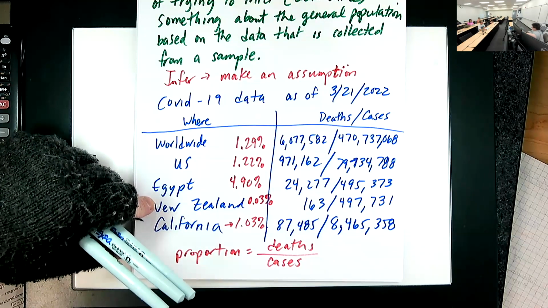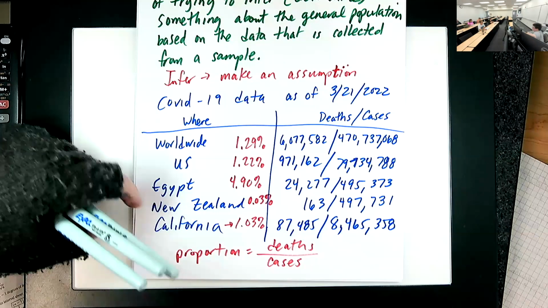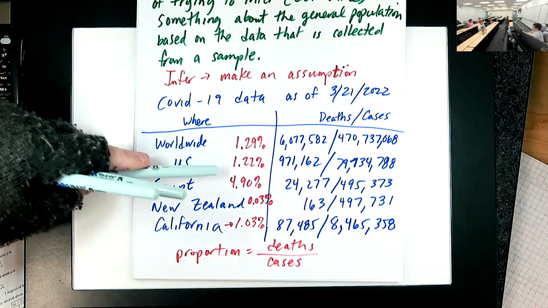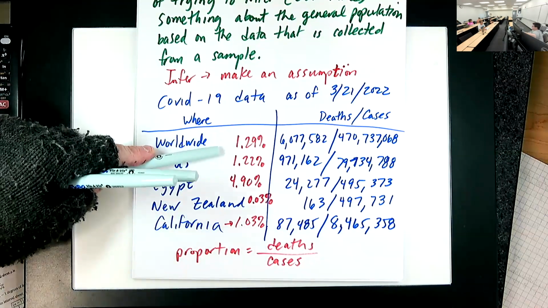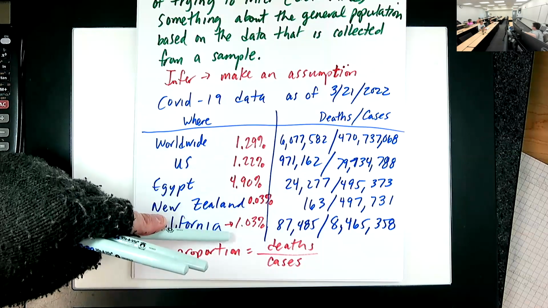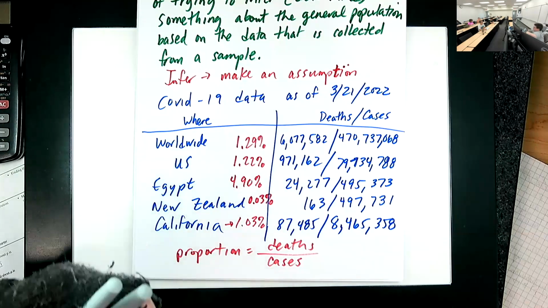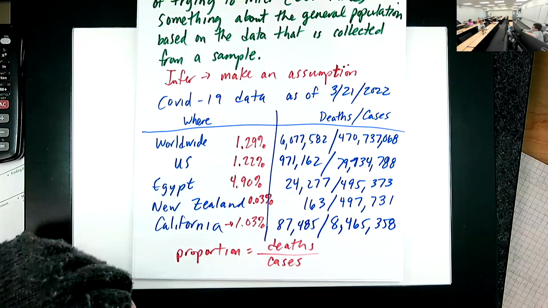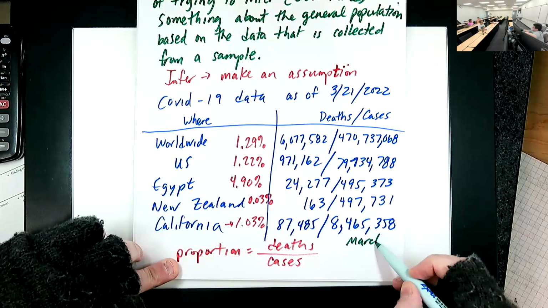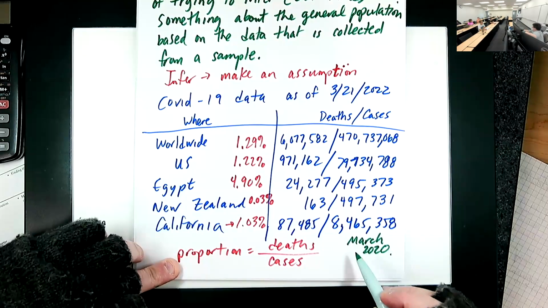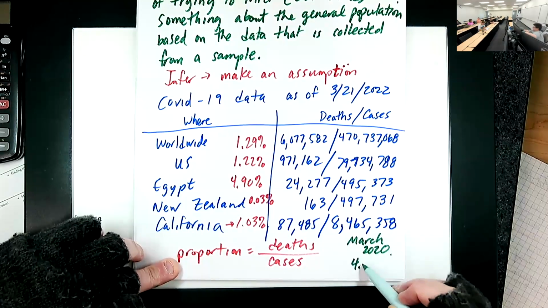All right, so decent proportions. But worldwide, none of these hit spot on, right? None of these states or countries match the worldwide proportion. Just to show you how it changed over time, in March of 2020, the global death rate was 4.71%.